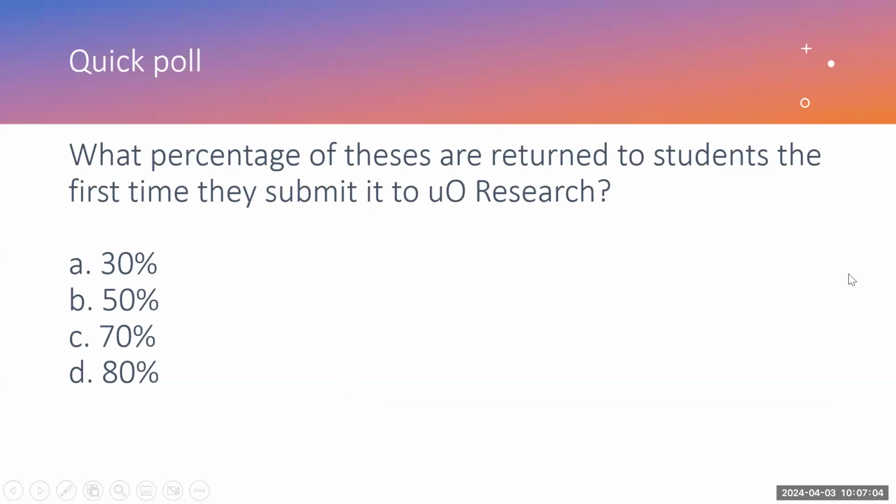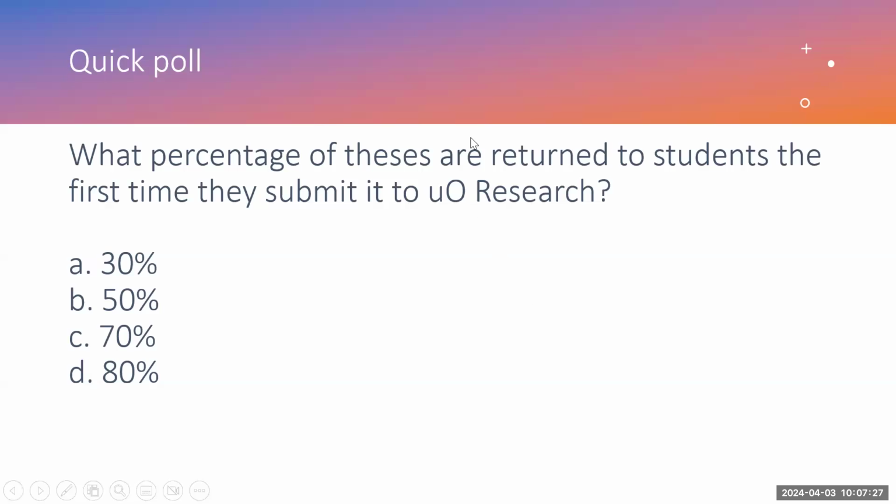So first, we're just going to start off with a little question here today, a little poll. So feel free to place your answers in the chat. What percentage of theses are returned to students the first time they submit it to UO Research? You think it's A, 30%, B, 50%, C, 70%, or D, 80%?